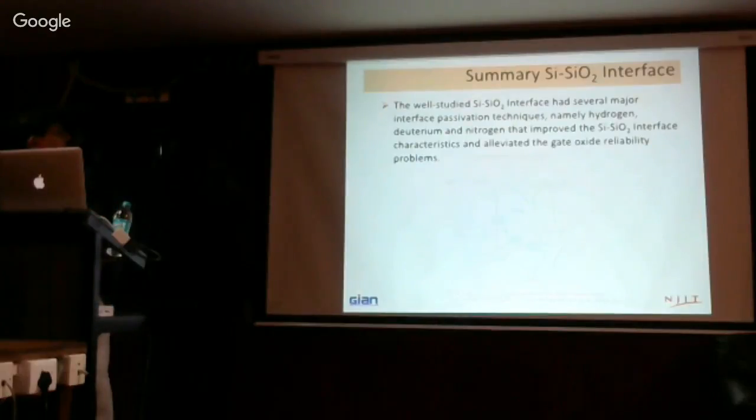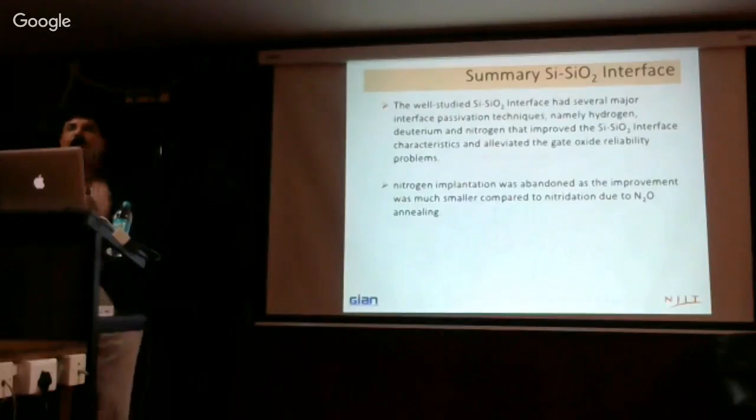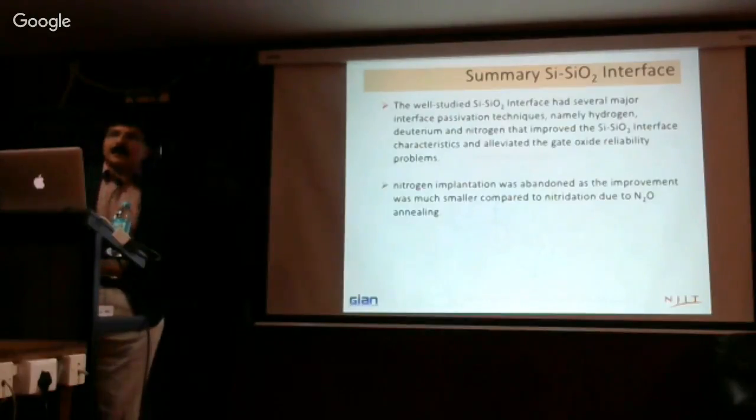We have introduced hydrogen, deuterium, nitrogen, everything at the interface to improve the device. Nitrogen implantation was abandoned because it gives some sort of damage, no matter how low the implantation is, it gives some sort of effects in the silicon substrate, and that is not acceptable.